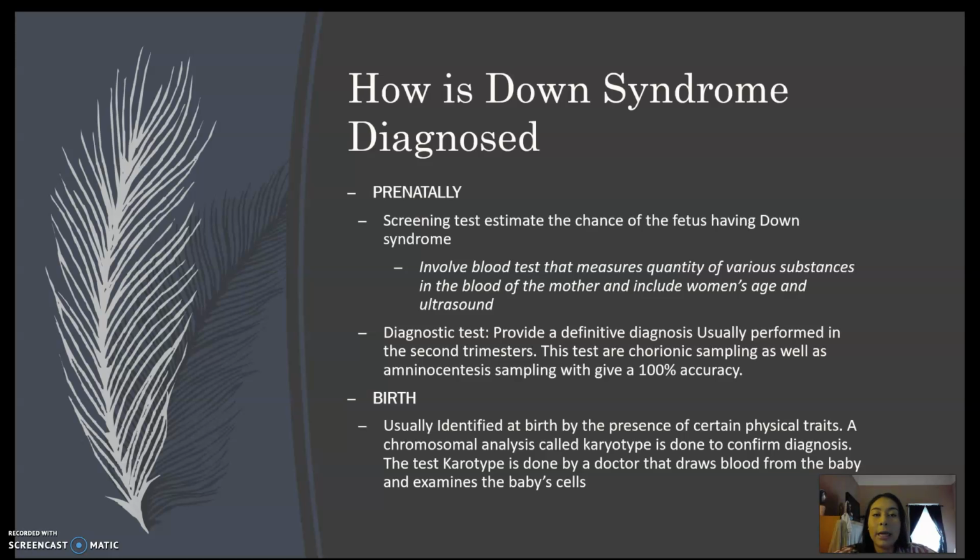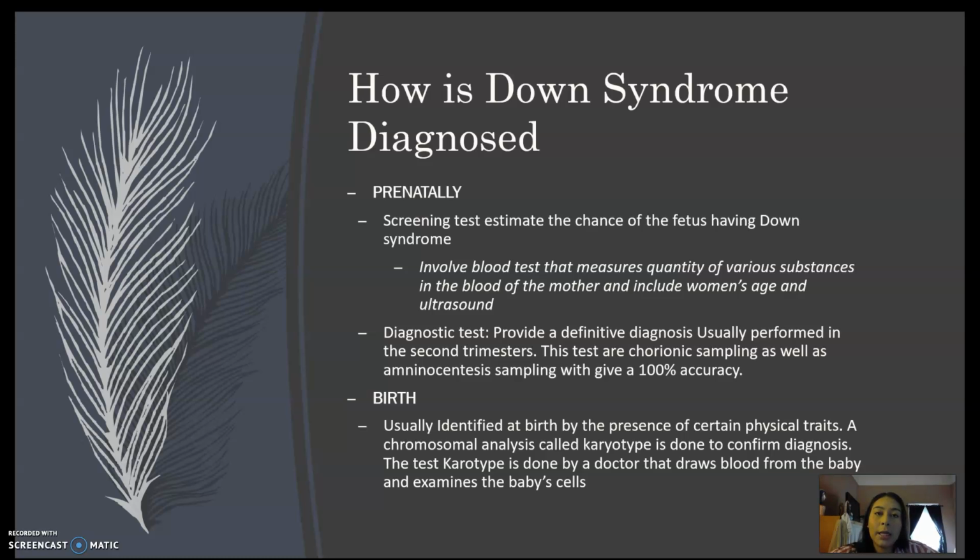The diagnostic test gives a definitive diagnosis. This is usually performed in the second trimester, and involves chorionic villus sampling as well as amniocentesis, which give 100% accuracy. At birth, it is usually identified by the presence of certain physical traits.